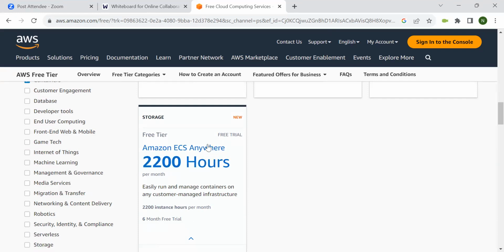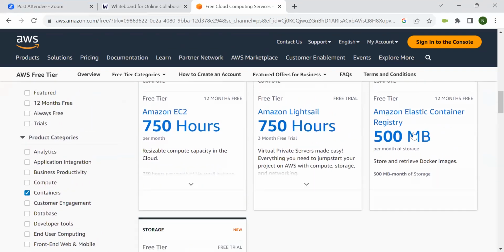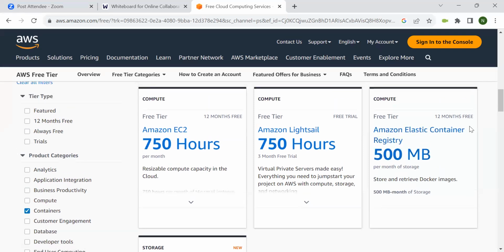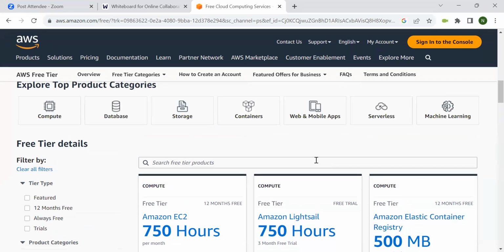Okay, they have recently launched something like ECS Anywhere. If you see here, ECR, Elastic Container Registry, which is like Docker Hub. They are providing 500 MB of storage in the ECR registry for the 12 months. Okay, that's how. And Lightsail, I was also not aware of this, but some resources would be using some other terms.